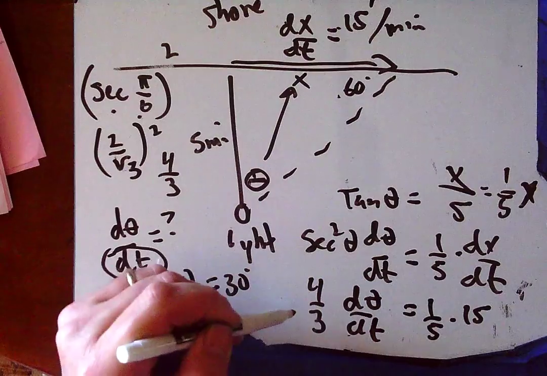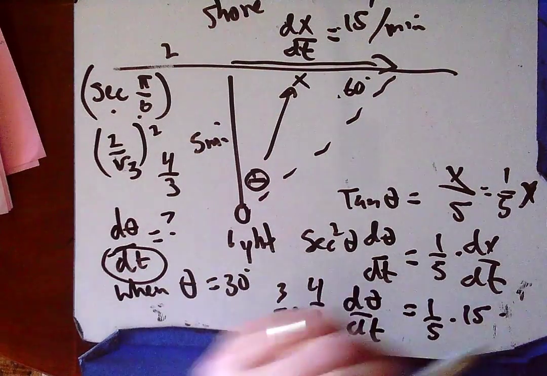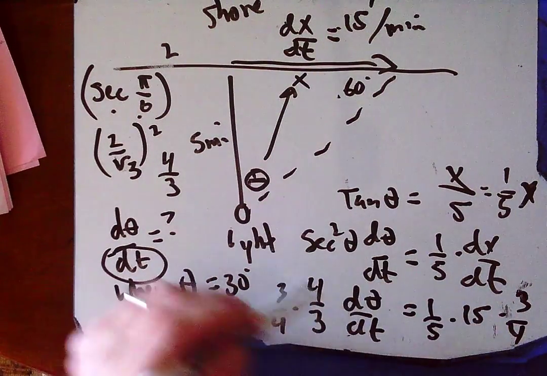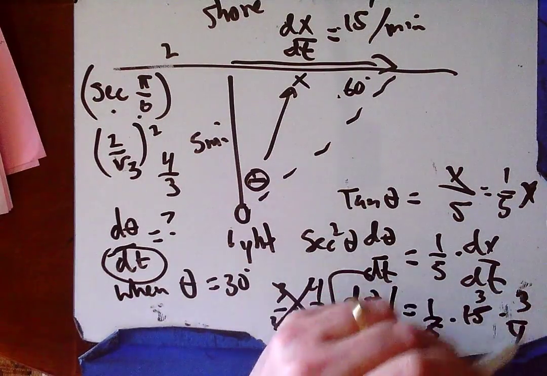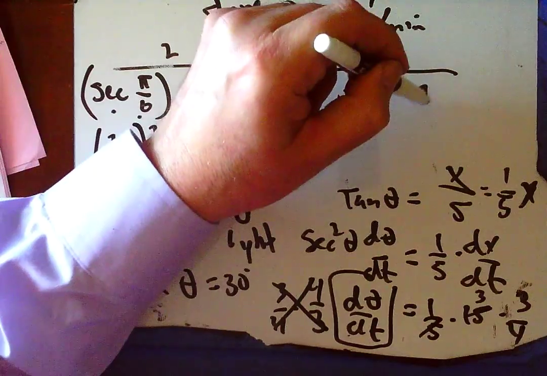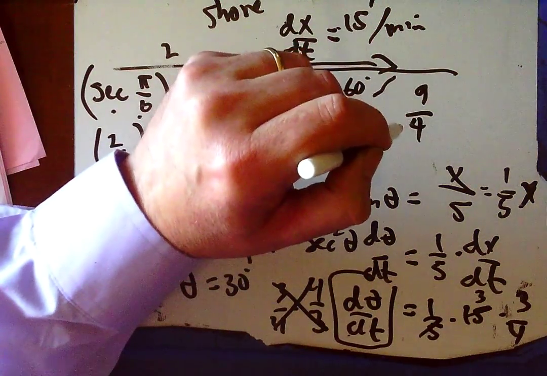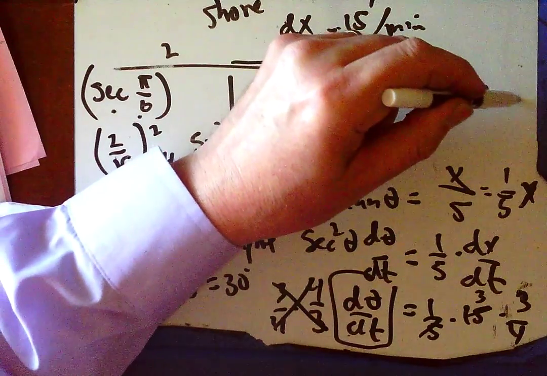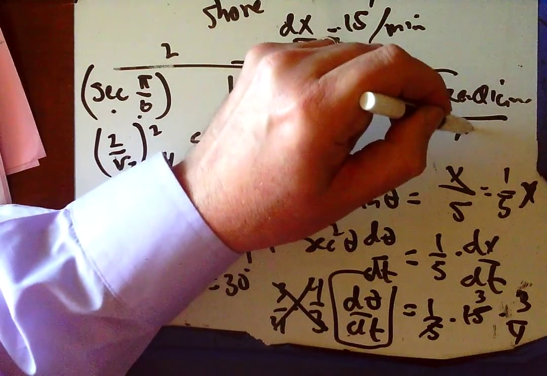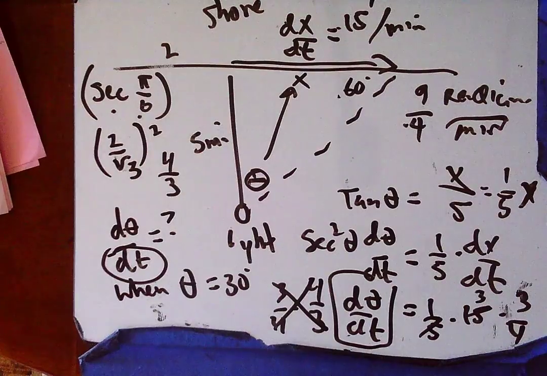Well, I want to get d theta dt by itself, so I'm going to multiply by 3 over 4. So d theta dt equals, oops, I'm canceling, 9 over 4. Those are thetas, so that's radians, and this was minutes on the bottom. And there's our problem.